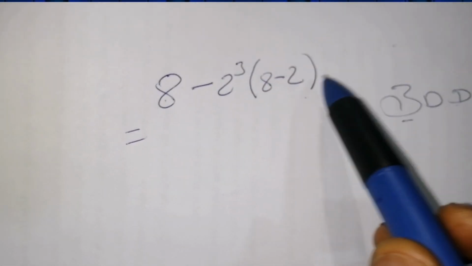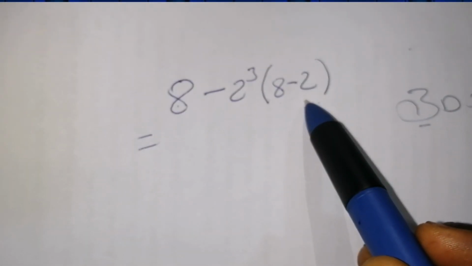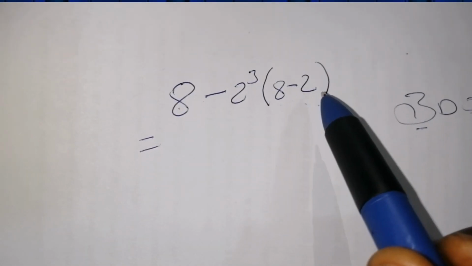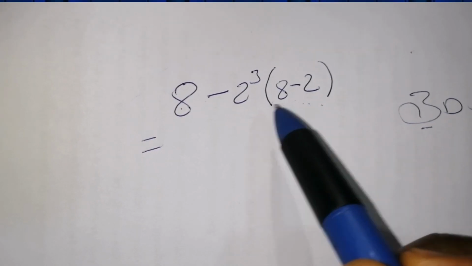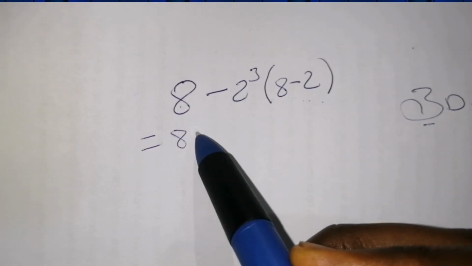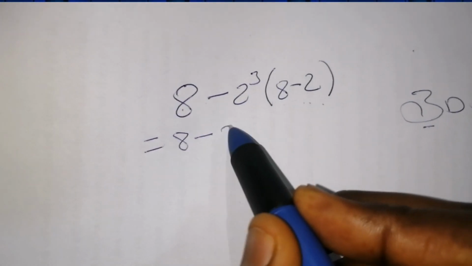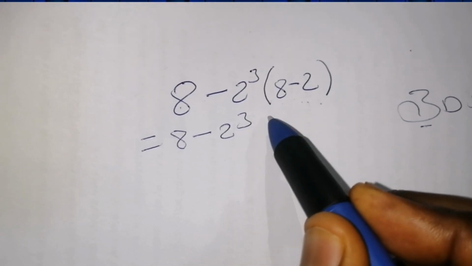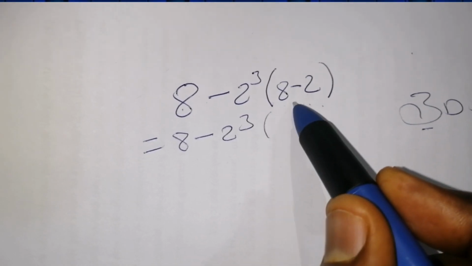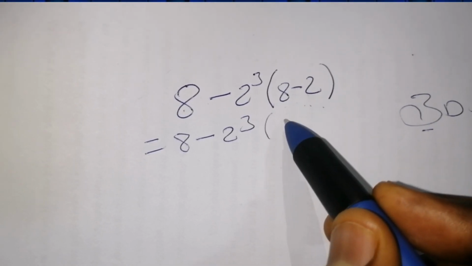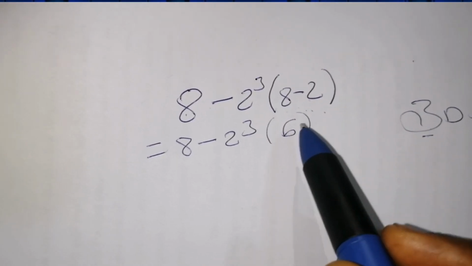So here is a bracket, so we have to do the numbers found in the bracket first. Here 8 minus 2 the power of 3, so we do first in the bracket 8 minus 2, which is 6.